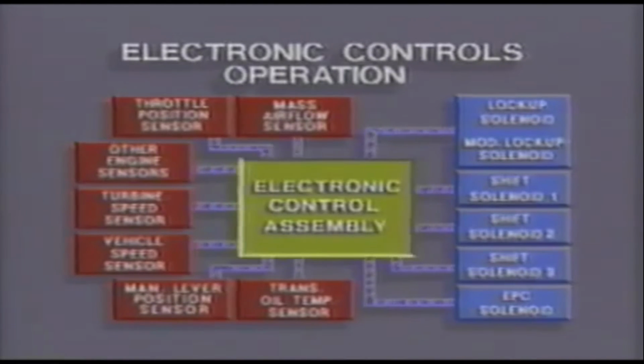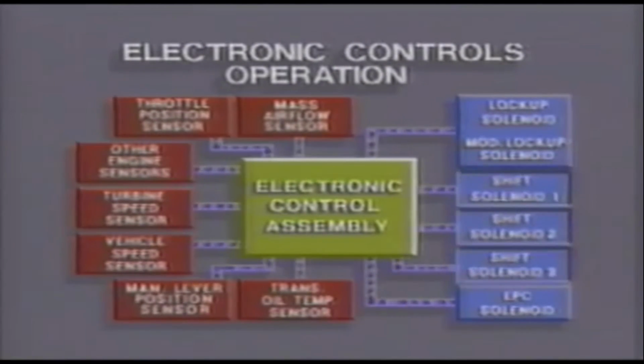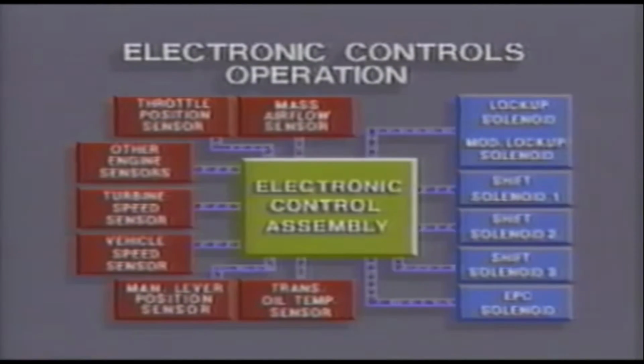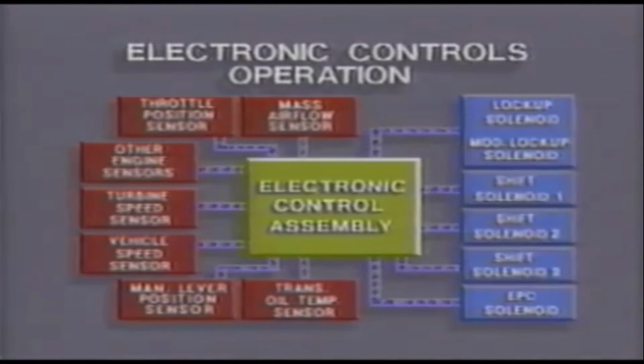The processor is a computer. Based on all the information it receives from the input devices, the processor controls solenoids and other actuators, or the output devices. The EEC4 control unit is the processor for many drivability and transmission shift routines.